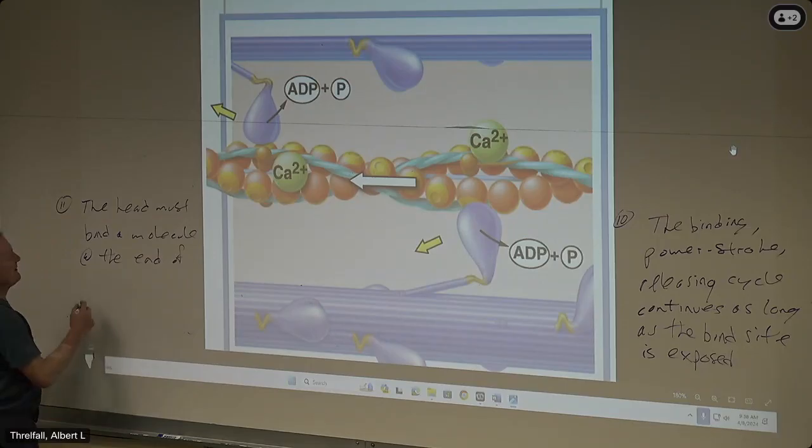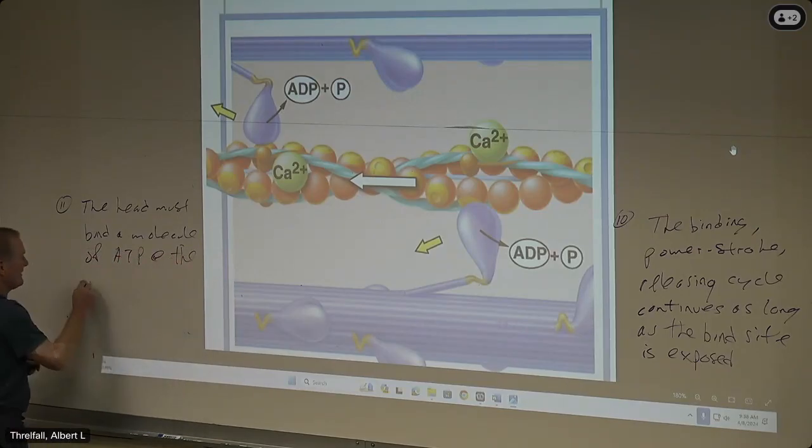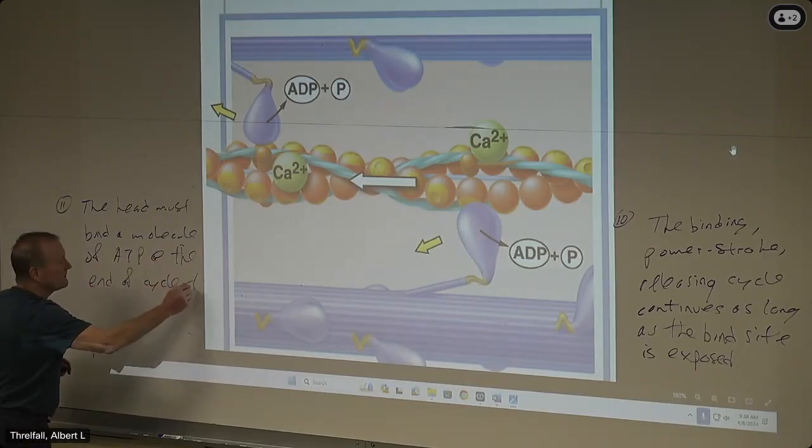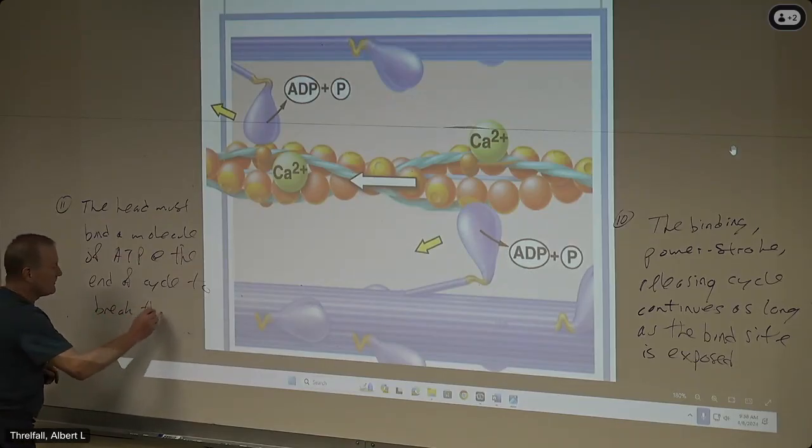The head must bind a molecule of, say, of what? The head must bind a molecule of ATP at the end of each cycle to break the cross bridge.